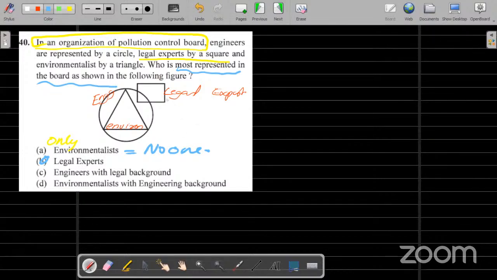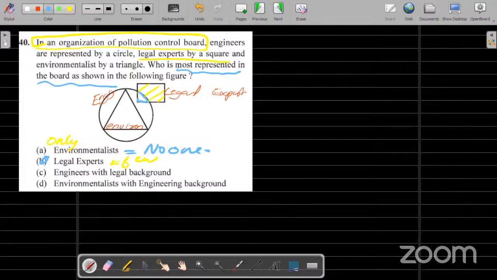Only legal experts. So only legal experts means look at the diagram here. This portion, the yellow hash portion is the area only legal experts. And we'll have to think of the other two also before finally deciding the most represented area. Engineers with legal background is this area.